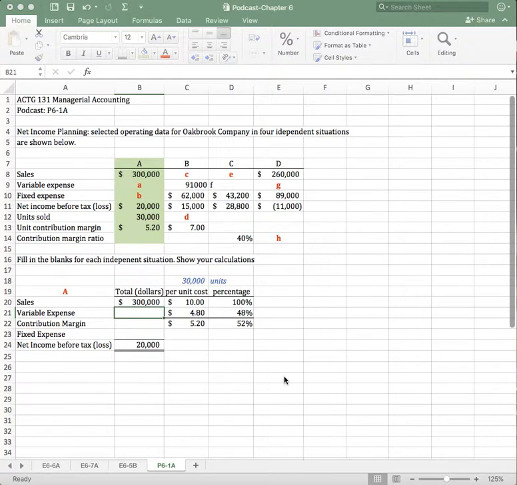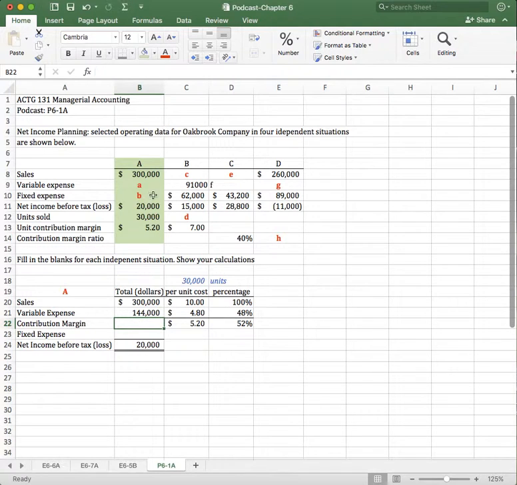So to calculate my variable expense, let's take the variable cost per unit and multiply that by the number of units. So that equals 144,000.